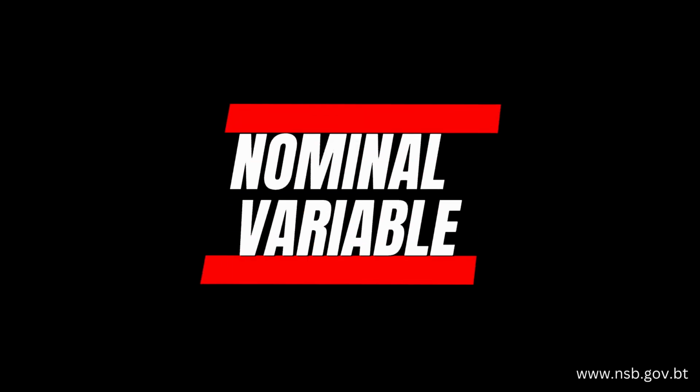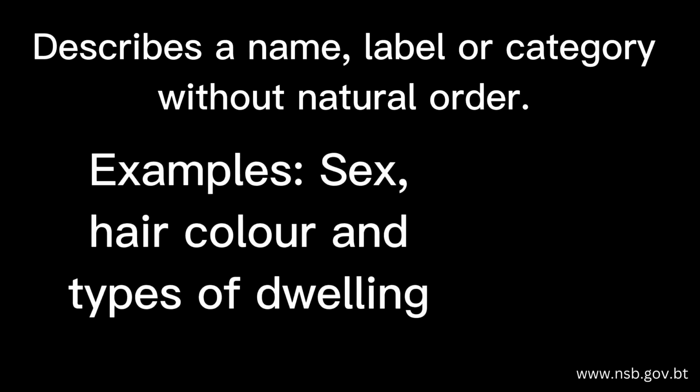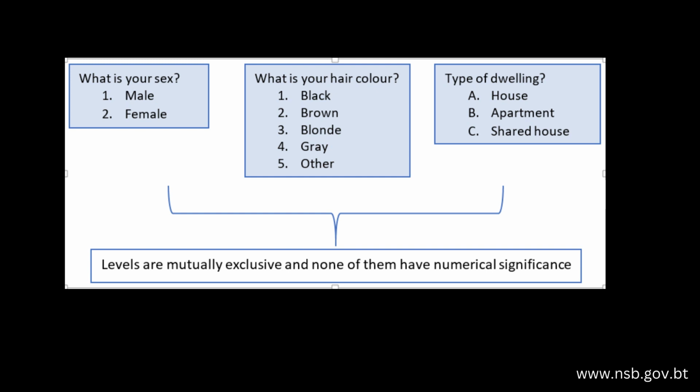Now, the first category of a categorical variable is the nominal variable. A nominal variable is one that describes a name, label, or category without any natural order. Sex, hair color, and types of dwelling are some examples of nominal variables. If you look at this diagram, we can see that all the possible values are mutually exclusive and none of them have numerical significance.